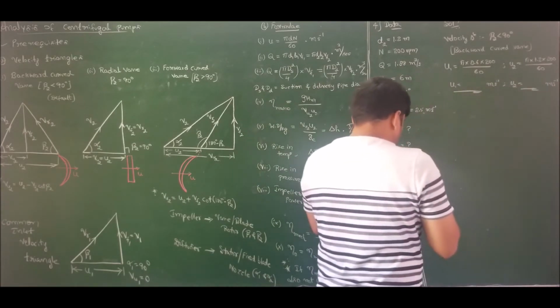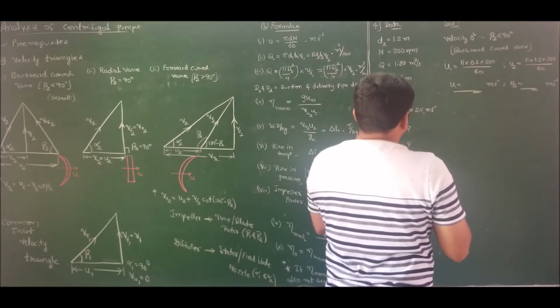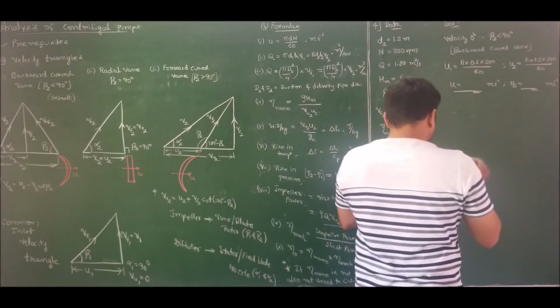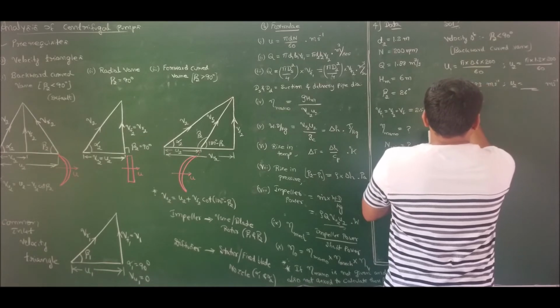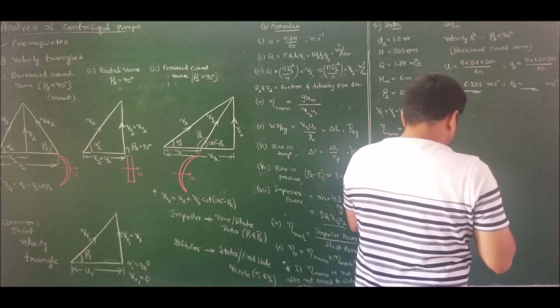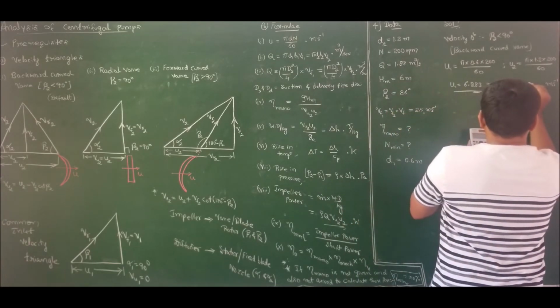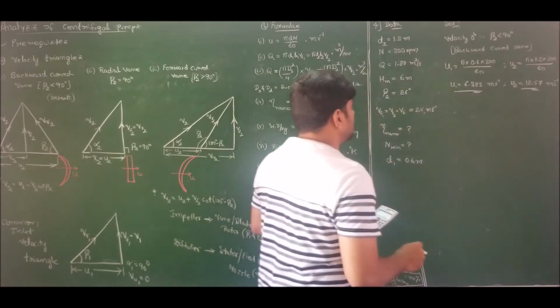U1 is turning out to be pi times 0.6 into 200 divided by 60, which is 6.283, and U2 will be twice that, that is 12.57 meters per second.